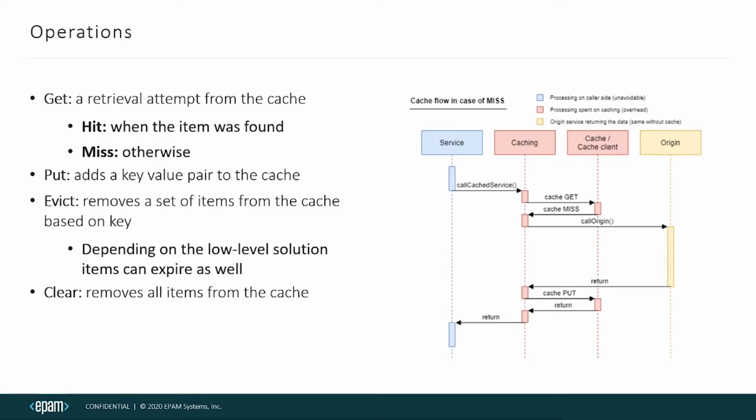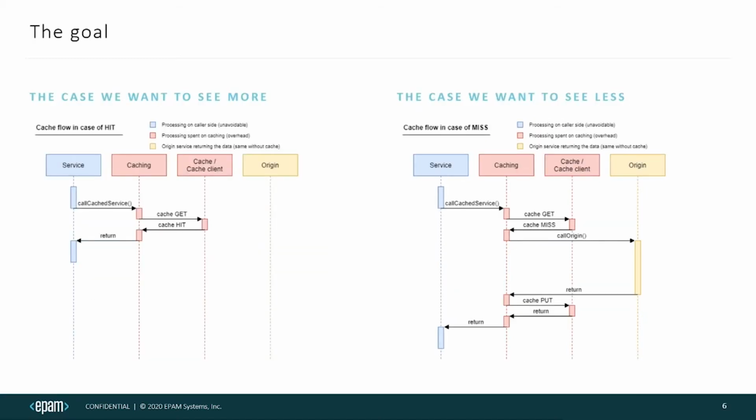And this is in general a bad thing if you need to do, because it can have an effect on your get success rate. Okay, talking about the goal, in general, we want to see more hits than misses. So we want to see the hit side a bit more than the miss side. And it should be fairly obvious because, just thinking about the timing aspect of these diagrams, you can see that in case of the get, everything happens in a lot shorter period.